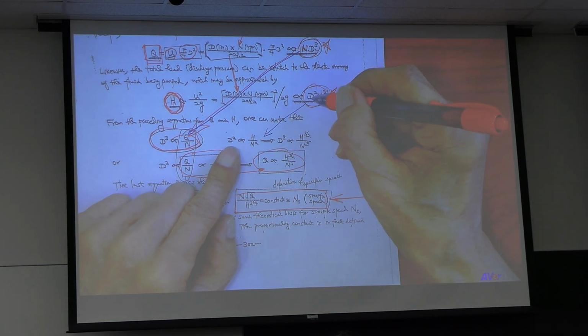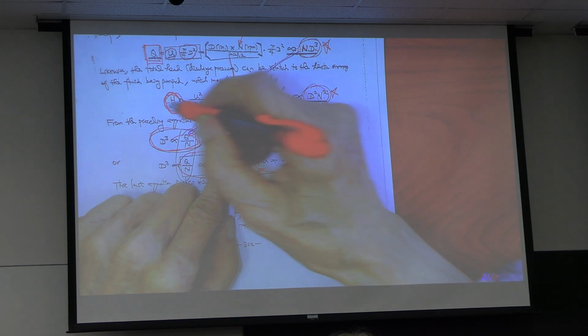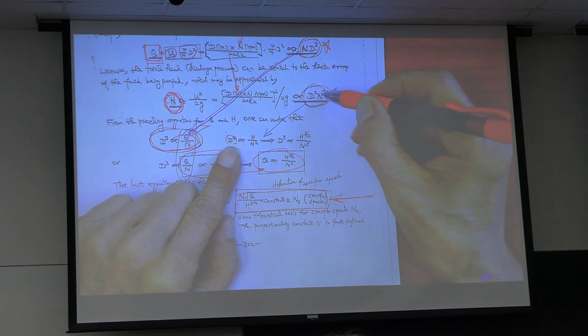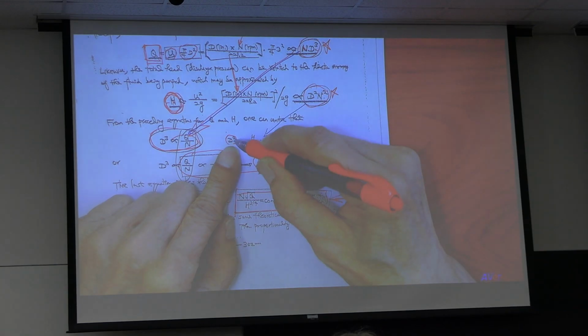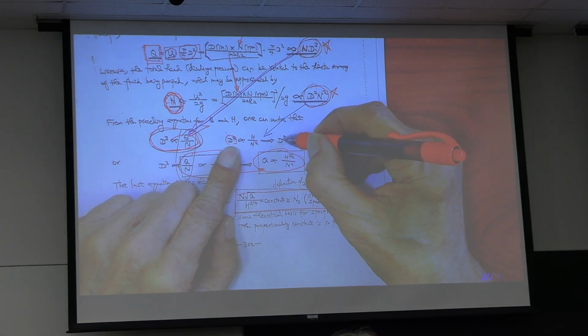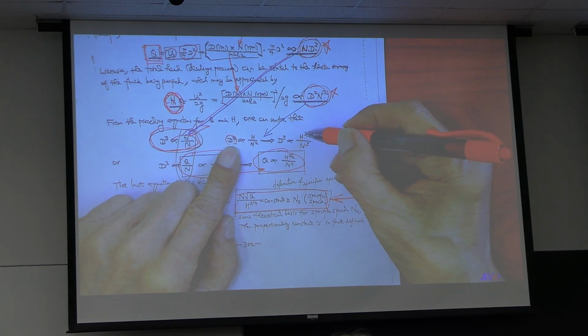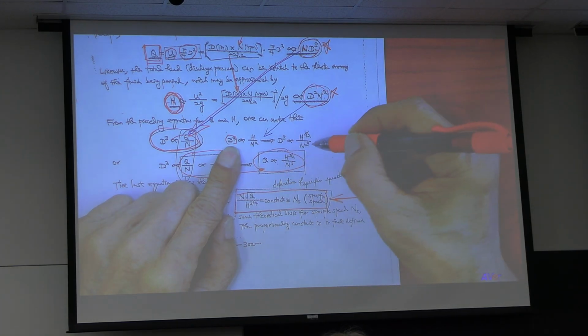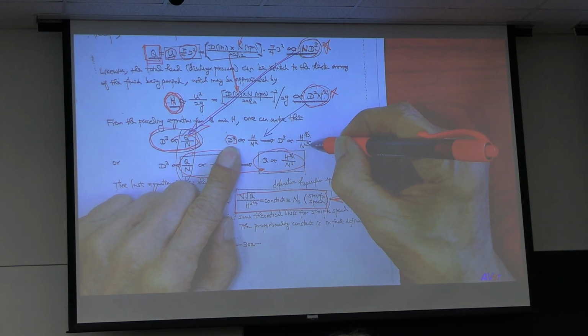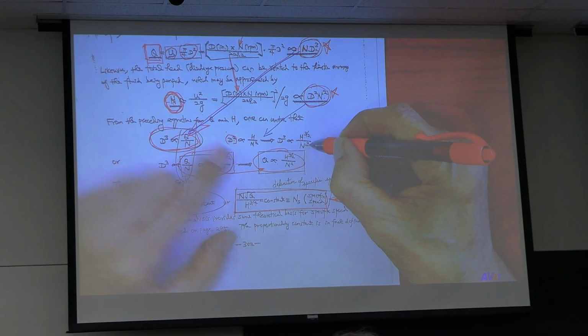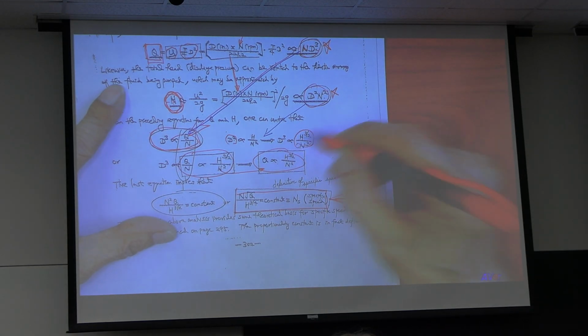D squared is H over N squared, or D to the third power is proportional to H, 2/3 power, and N third power. You have this relationship.